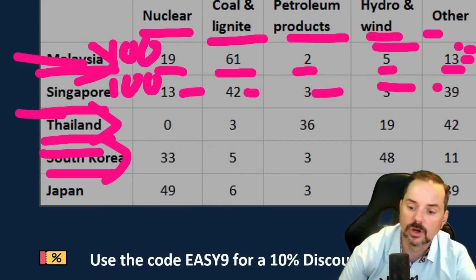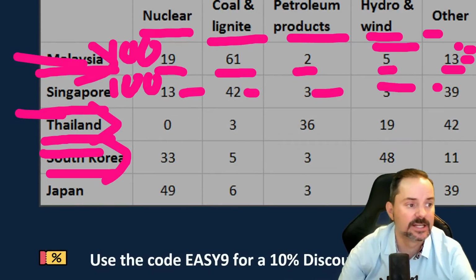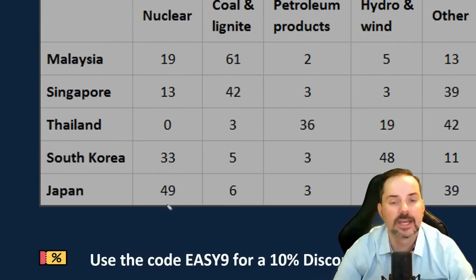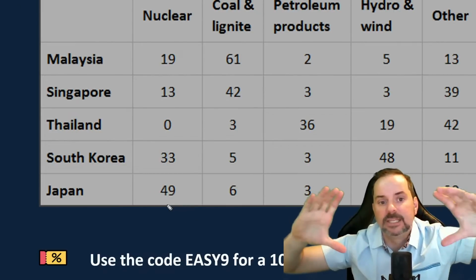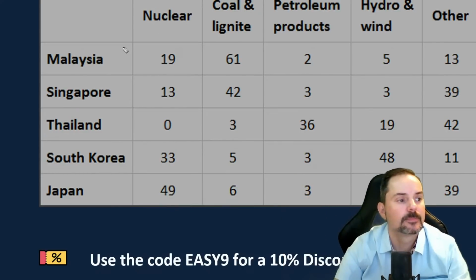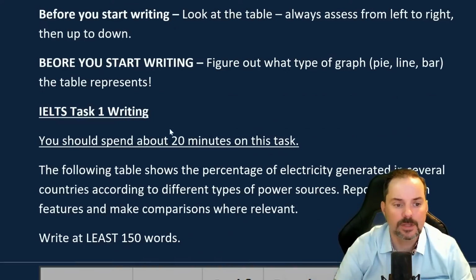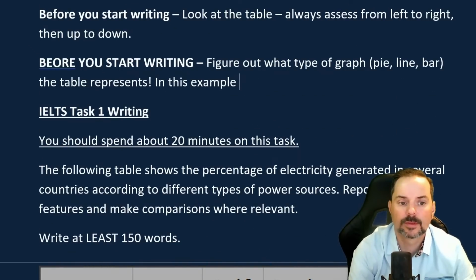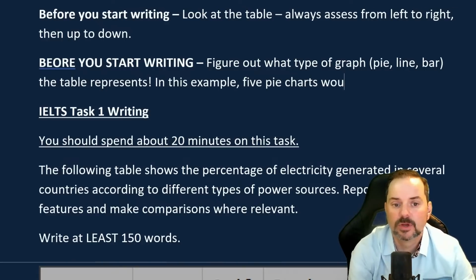So these are best done as pie charts, because we're looking at 5 complete pies. In this example, 5 pie charts would best visually represent this data.